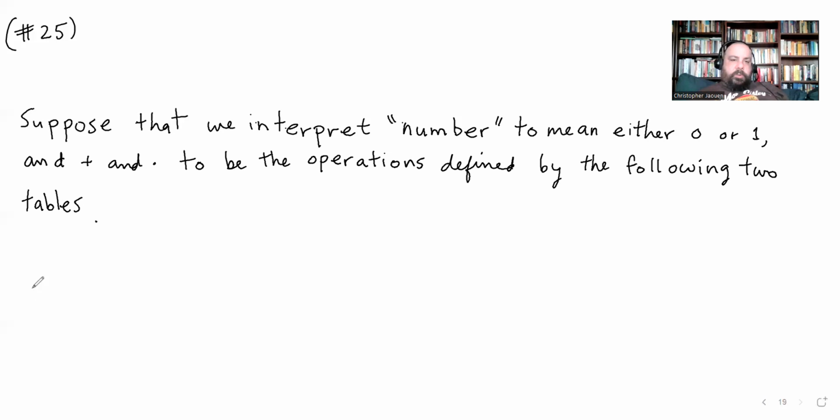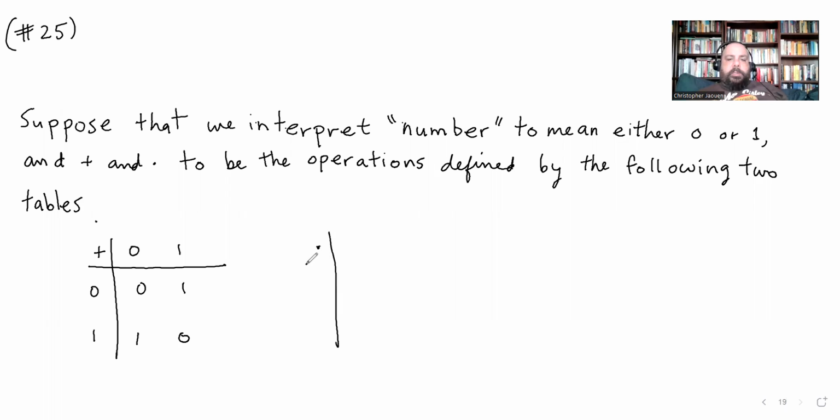Right, so he gives us two tables. So for addition, the addition table looks like this, and the multiplication table looks like this.